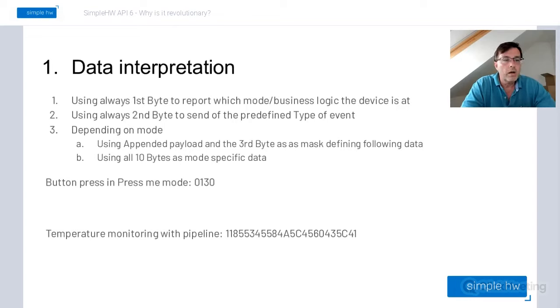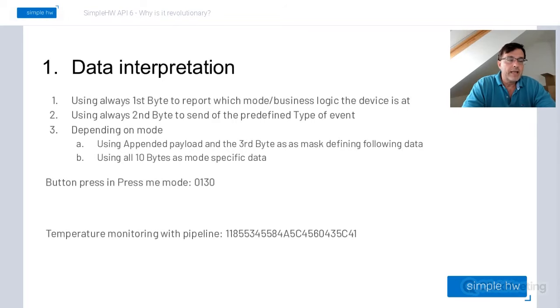Then, if you have the temperature monitoring with pipeline, that's the example of the payload where we are not using the appended payload, but where we are using the mode-specific data.